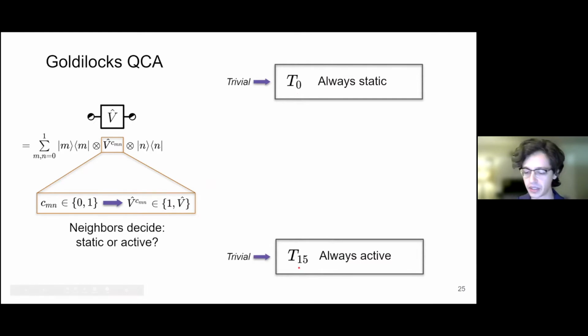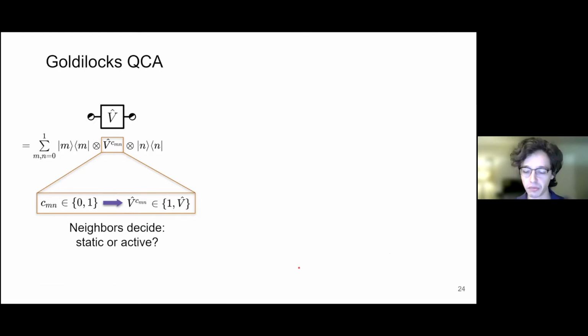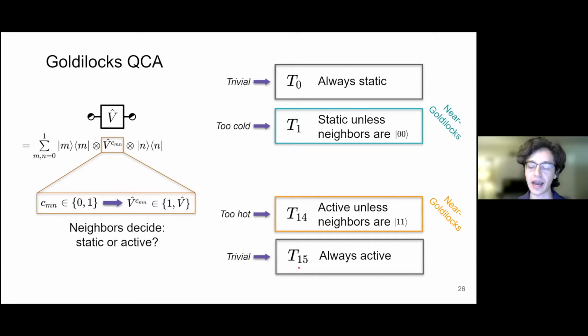Now, if we further constrain or allow updates, we arrive at what we might call these near Goldilocks rules, where there is some interesting constraining happening, either too much or too little constraining. So we might say too cold or too hot on those dynamics of that center site.